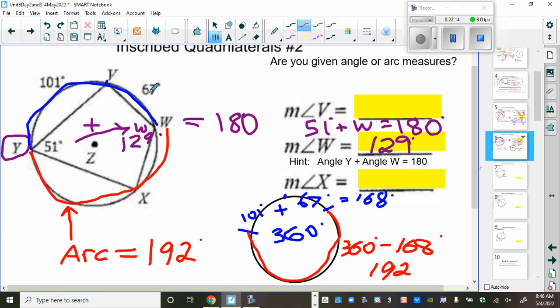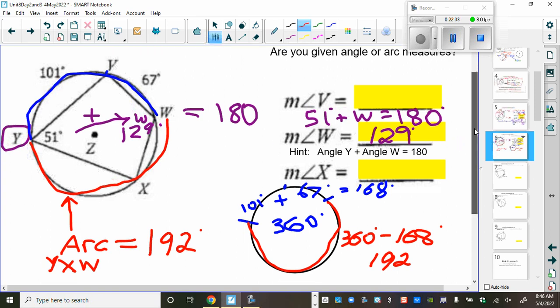You have 4 letters, V, W, X, Y. Which letter does not touch the arc? Here's your arc. Y, X, W. It's 192. Which letter out of the 4 does not touch this arc?